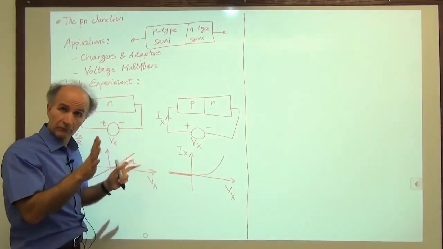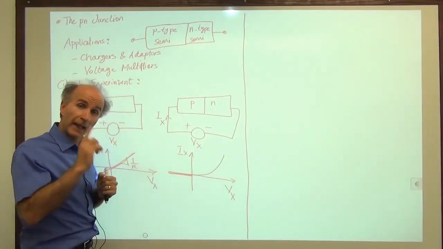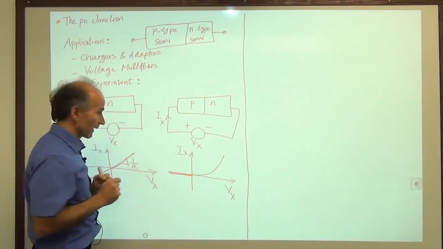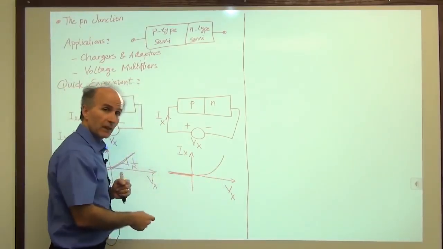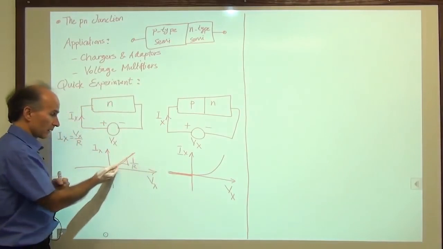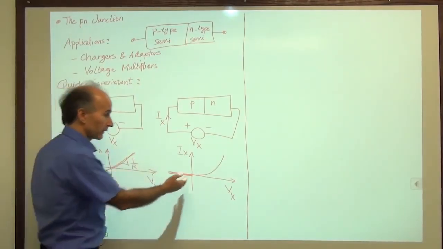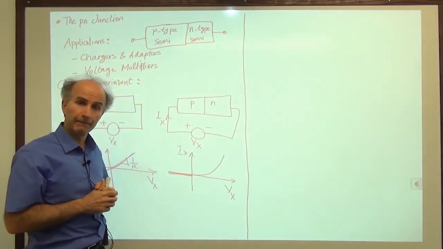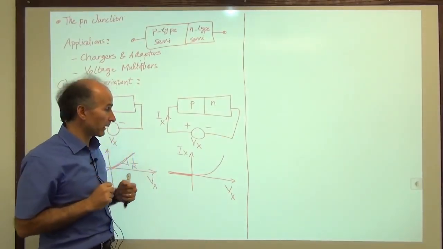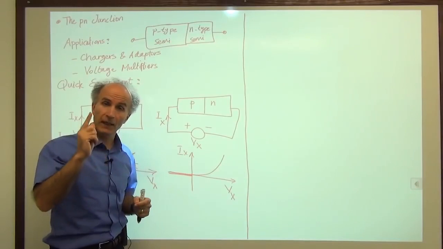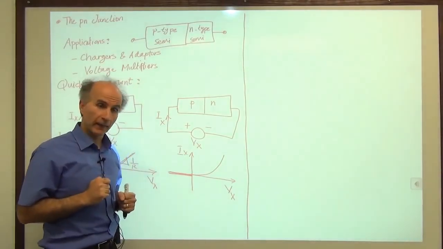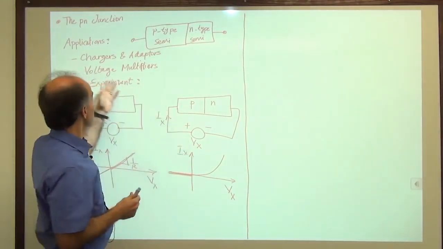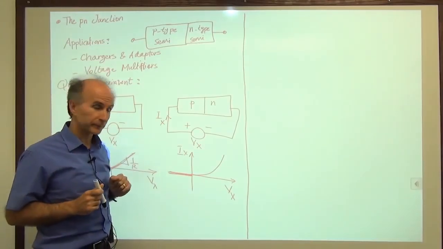Negative voltages, we have very little current. And the second difference is that when the voltage is positive, it's not a straight line like a simple resistor, but a strange function. In fact, it's an exponential function. So these two differences make diodes much more interesting and useful than resistors. And that's why they have so many applications, as I mentioned before.